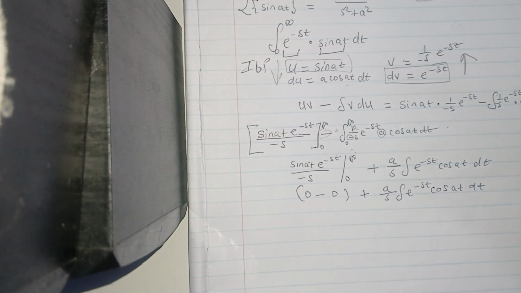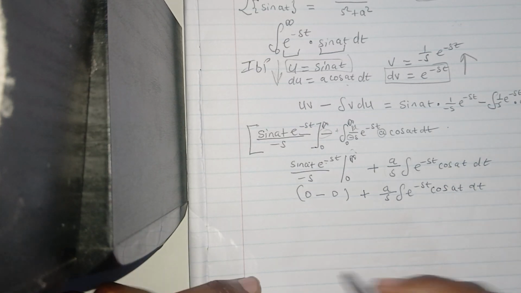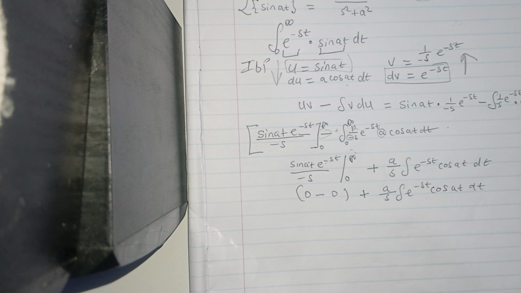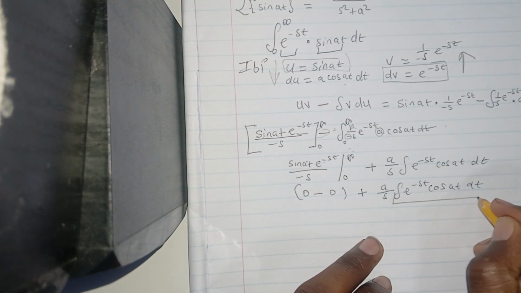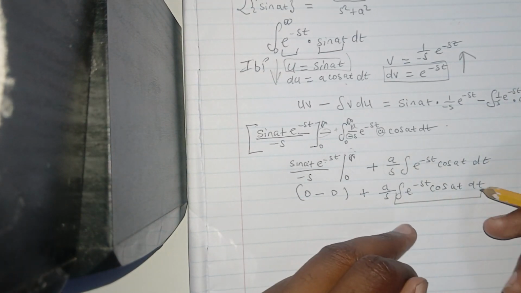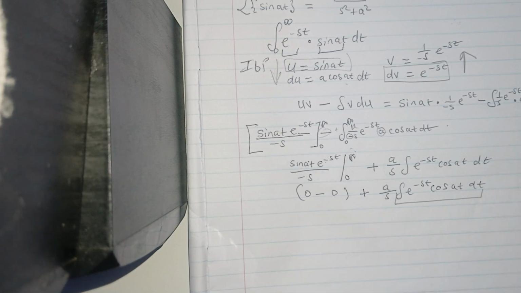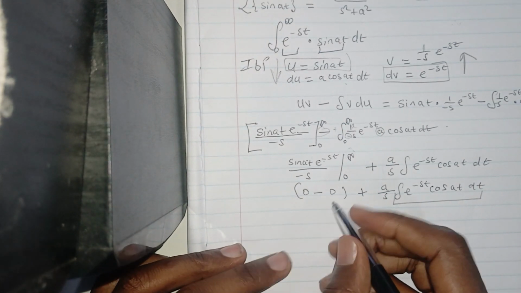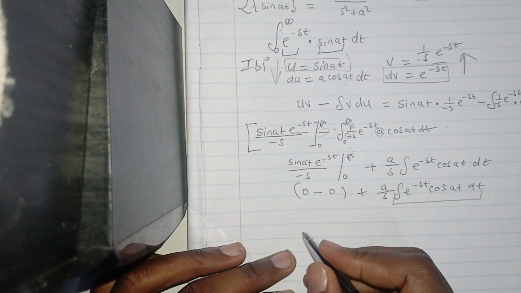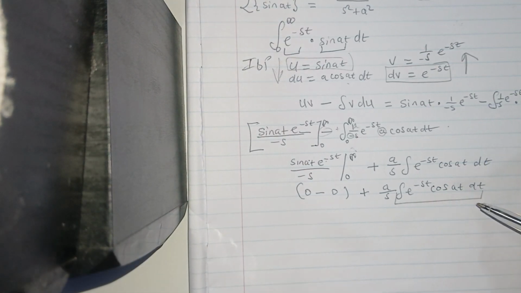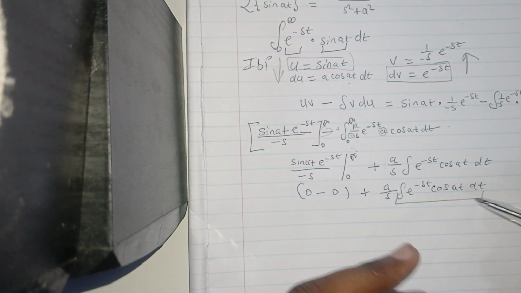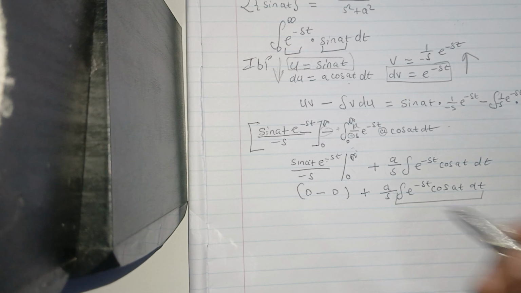right? So now we have to also apply integration by parts here. Always cos or any trigonometry comes before the exponential.